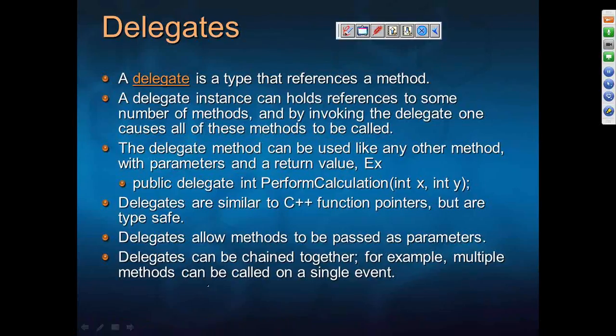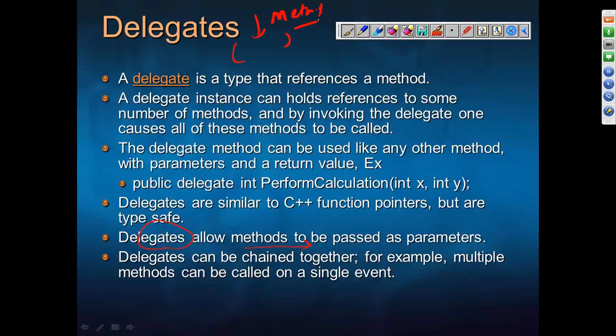Okay, so a delegate allows a method to be passed as a parameter. So far, we have been writing methods and passing parameters like integer i, float i. But with the usage of delegates, you will see that in the parentheses, we will pass methods. We will see how. Delegates can be chained together.